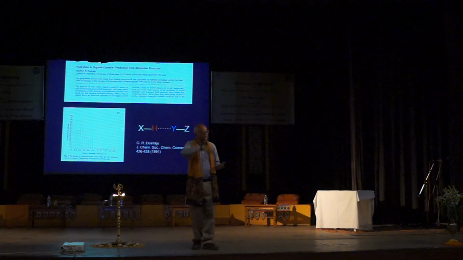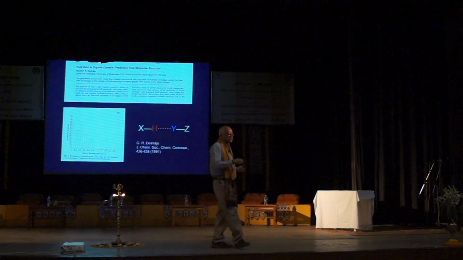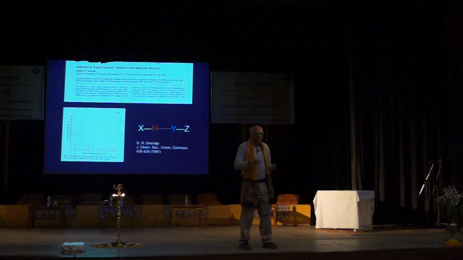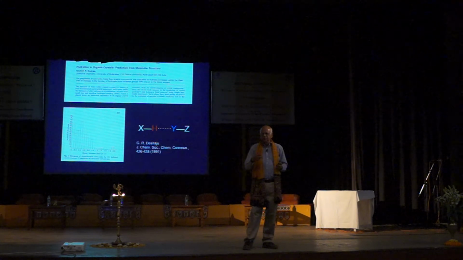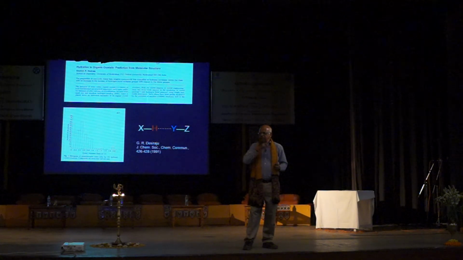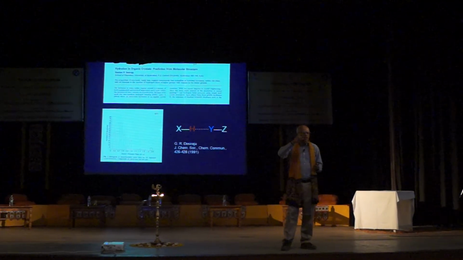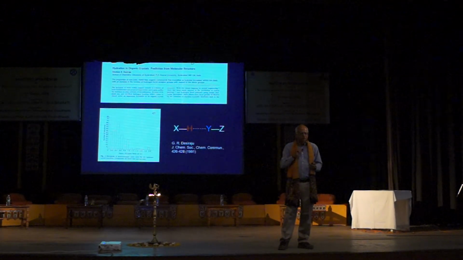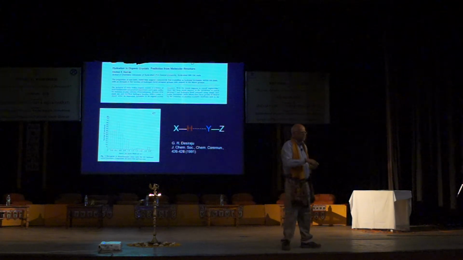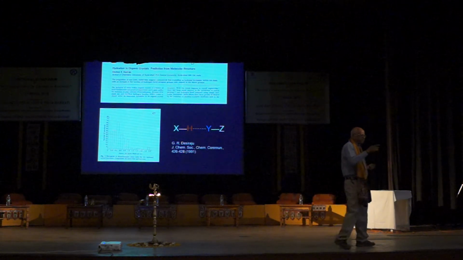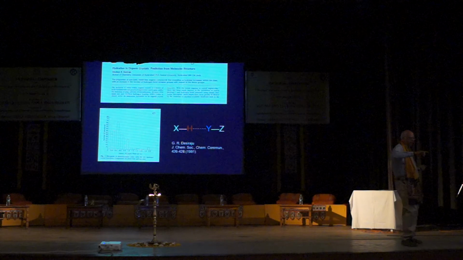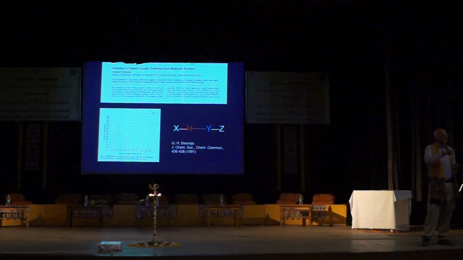Suppose the number of acceptors becomes too much and the number of donors is very small. One of the ways it can address this is to take up water, because water is the only simple, common molecule which has more donors than acceptors. So by bringing water into the crystal, the donor-acceptor imbalance, as I call it, is redressed slightly.